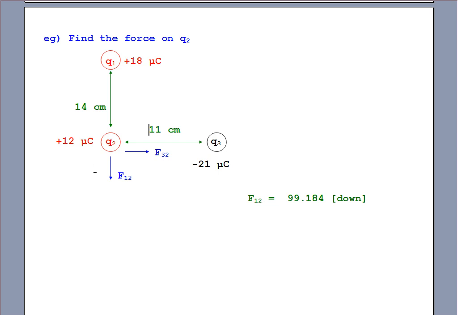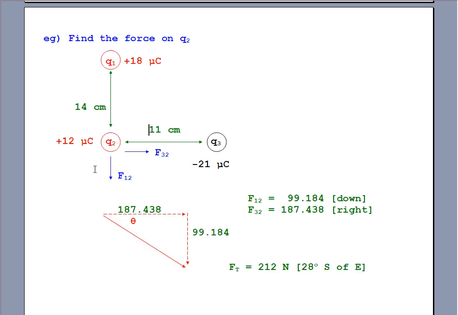These are sort of optional now for doing this online. We've got 99 down and 187 to the right, so the answer is not going to be 286. We can't simply add those. You would have to add them as vectors with Pythagoras and some right angle trigonometry. We've done that many times, so I'm just going to draw this really quickly, and it won't be 286, but instead 212 newtons at 28 degrees south of east.